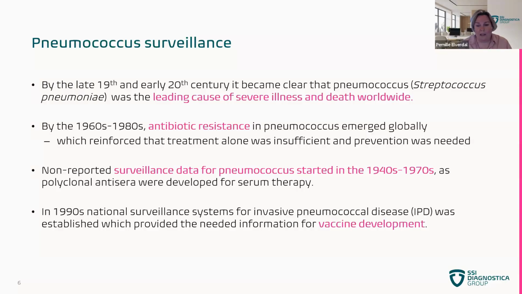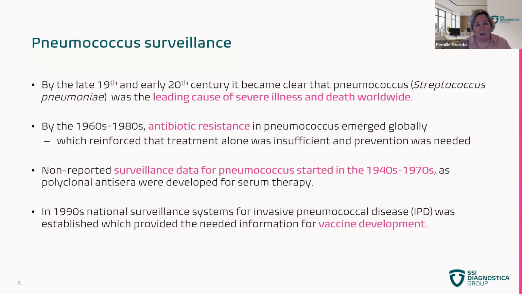And in the 1990s, national surveillance systems started up in different countries, in different regions, for surveilling invasive pneumococcal disease. And that established the information which was needed to start the vaccine development. But how is a surveillance system then set up?